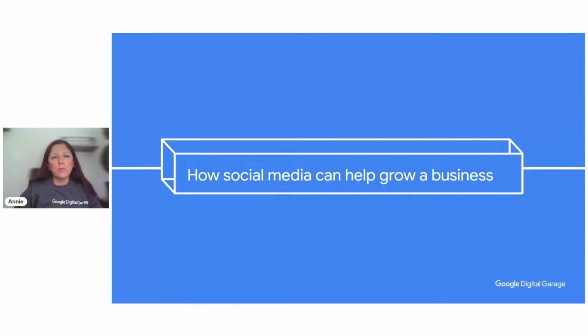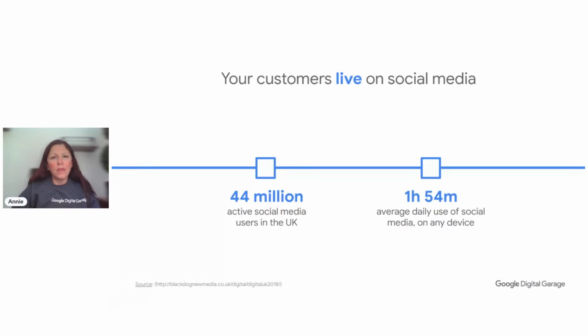So let's explore some ways that social media can help to grow your business. First of all, customers and consumers do live on social media just as we do. 85% of us are spending time on YouTube and 78% of us are on Facebook. So they're the big platforms, but there are many more besides. The way we communicate has completely changed in recent years, particularly using mobile.